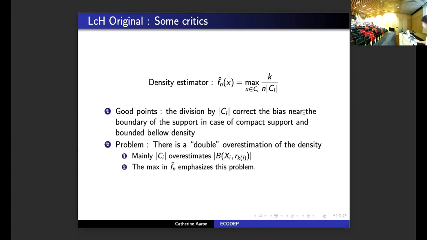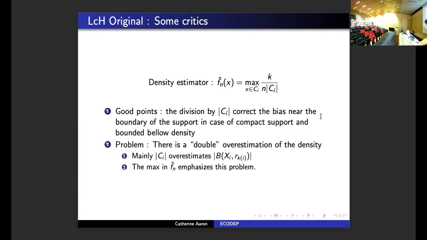And the very good point is that when you have densities supported by a compact with gaps, what we like in set estimation is that we have densities that are bounded below by a positive constant on the support. The density fails when you go very fast to zero when we go out of the support.